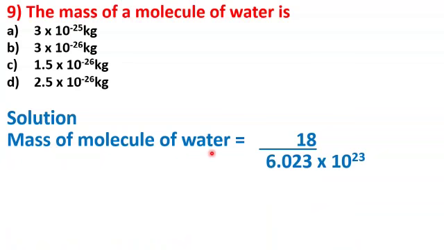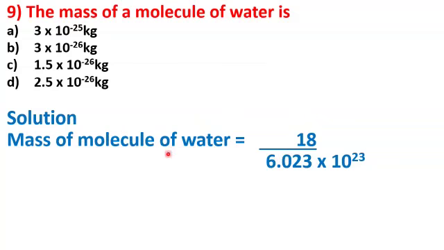Mass of a molecule of water is equal to the molar mass of water divided by Avogadro number. This is got by the formula: number of moles of a substance is equal to mass divided by molar mass. So here the mass of the molecule is required.